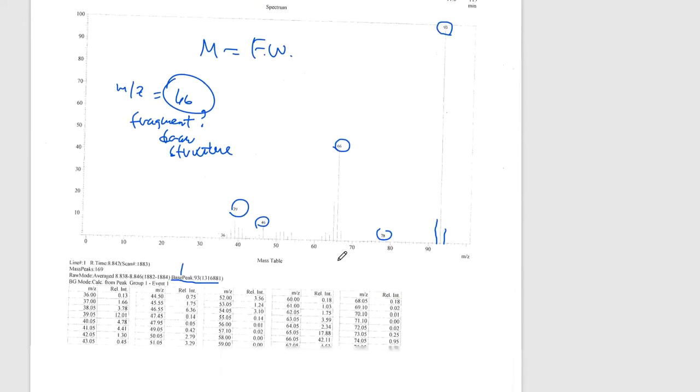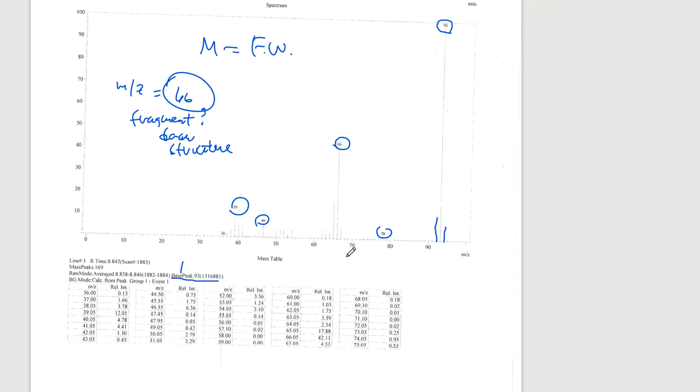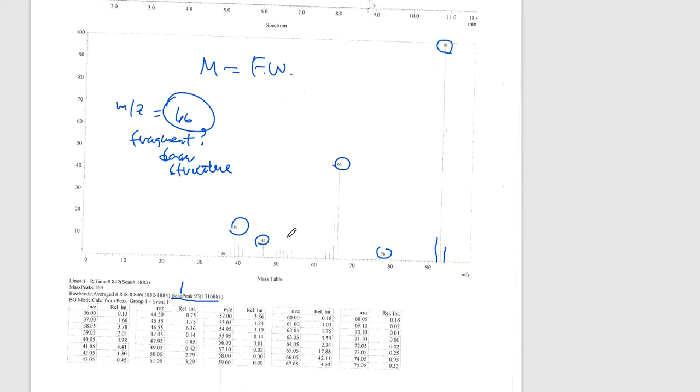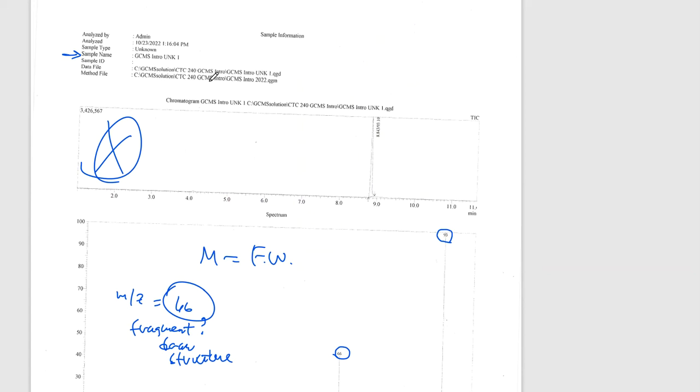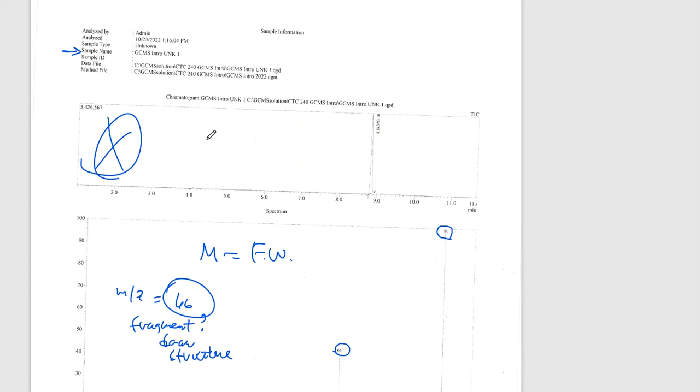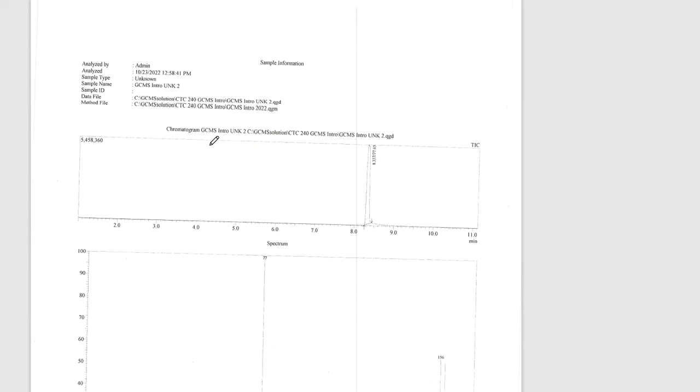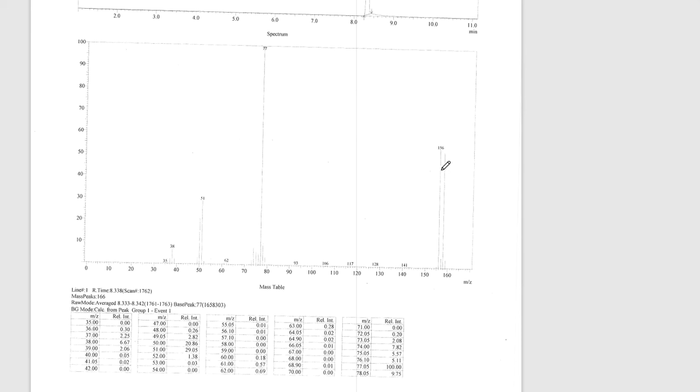Again, it's all match game, figuring out what fragments are creating which formula weights that show up on the spectrum, and then figuring out what unknown number 1 is, and unknown number 2, and unknown number 3, and so forth. So if that was you and I tackled this, I would do formula weights first. And then I would go through and take a look at these formula weights that show up on the MSs.